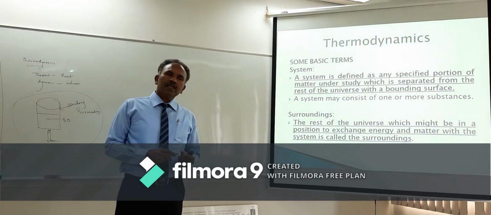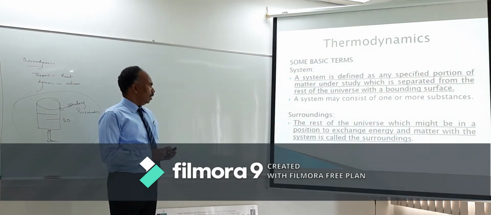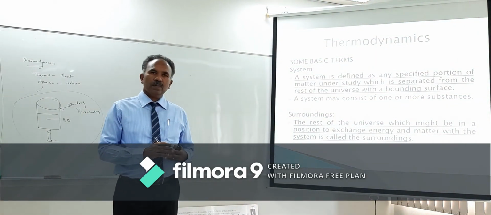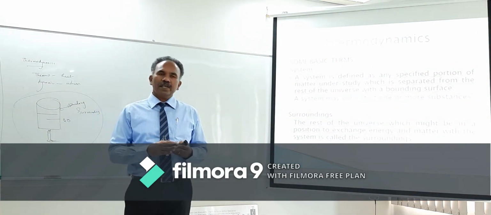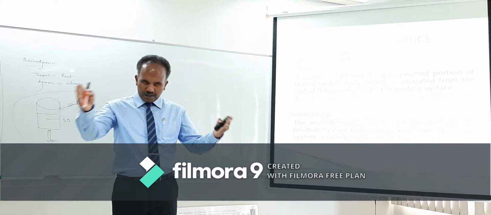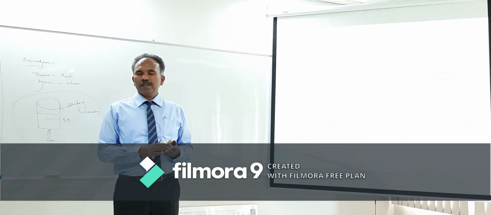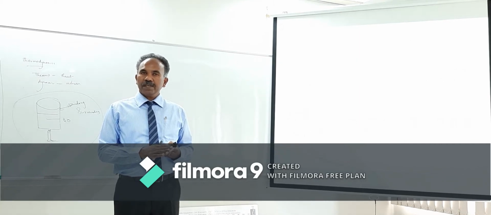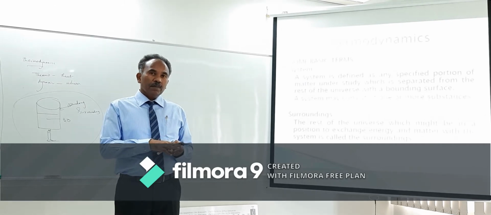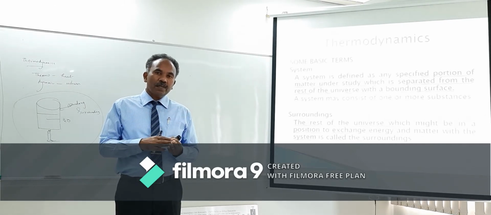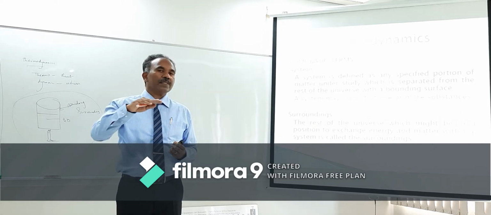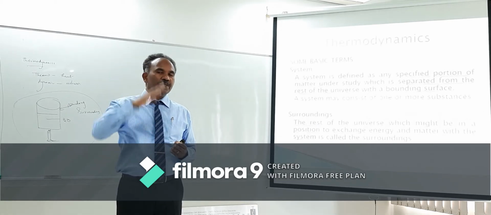So when we study a system, the surrounding also plays an important role. For example, when we heat water, it boils at 100 degrees Celsius in the Earth's atmosphere, at 1 atmosphere pressure. If we take the same amount of water to the moon and heat it, the temperature will be different, as the pressure is different.